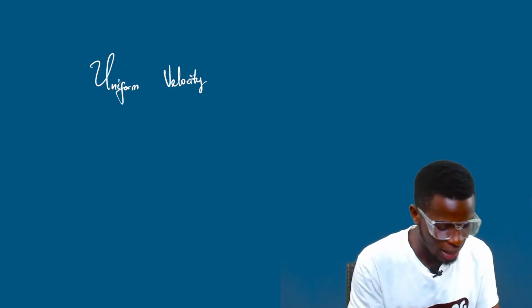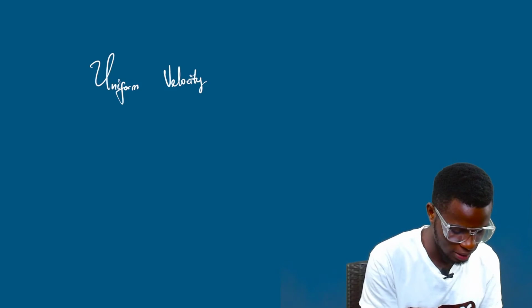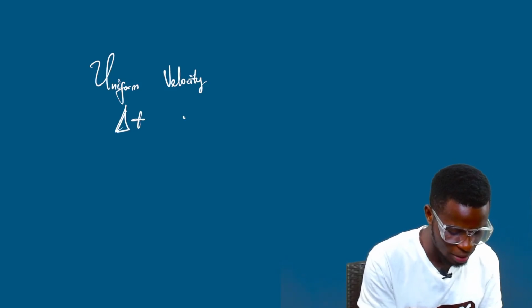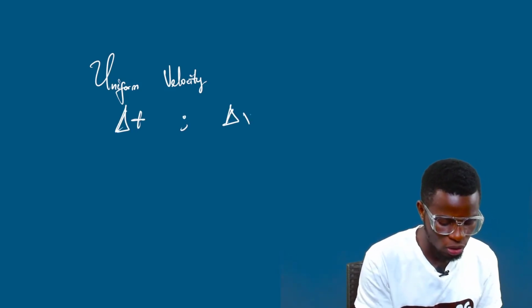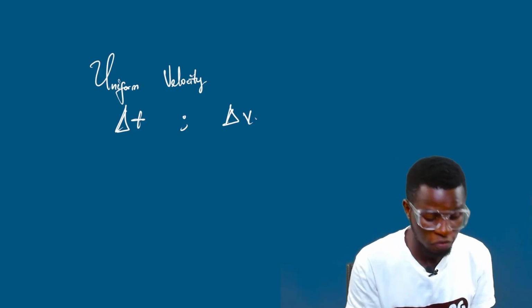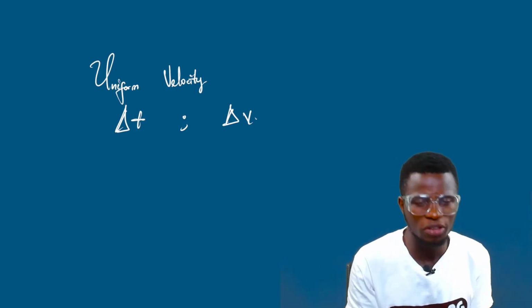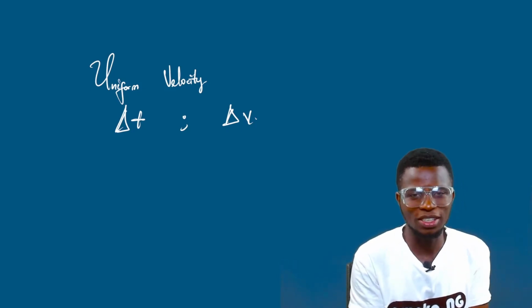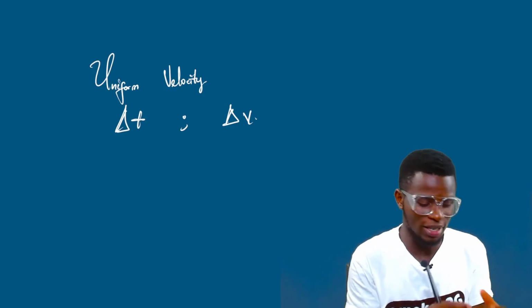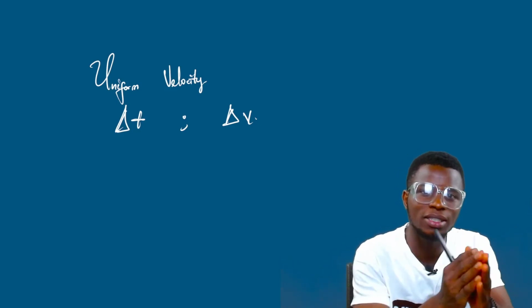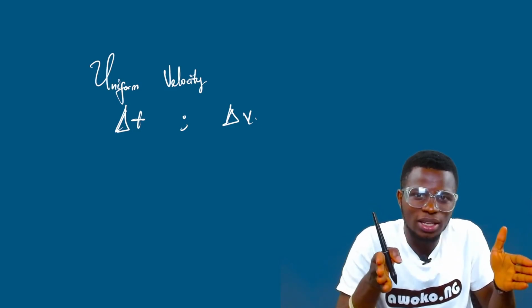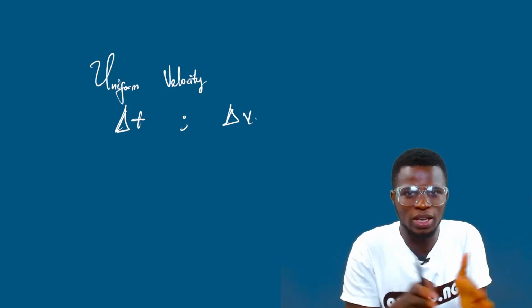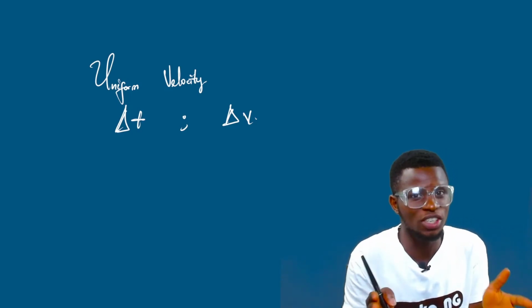So, as there is a change in time, there is also a change in velocity for acceleration to occur. But when we talk about uniform velocity, it occurs at equal intervals of time, at an equal amount of time. So that means there is no change in time.